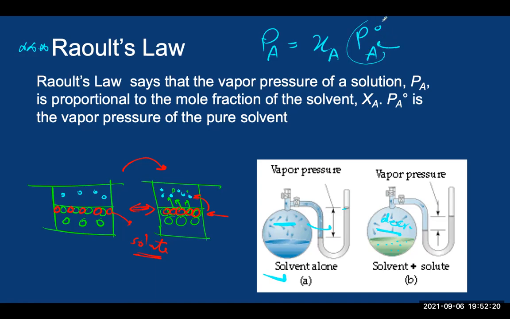This will be the vapor pressure for the pure solvent, and this X is the mole fraction for the solvent, and P_A is the vapor pressure for the solvent in the solution. So the vapor pressure of the solvent in the solution will be equal to the mole fraction of this solvent times the vapor pressure of the pure solvent, which is only liquid with no solute.